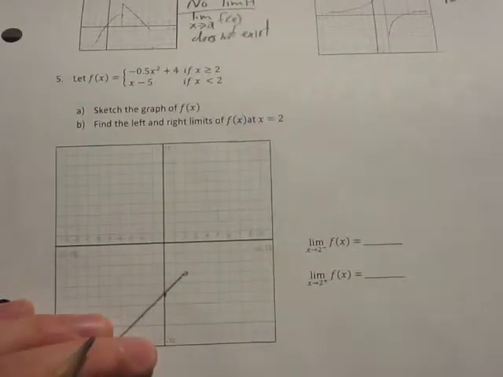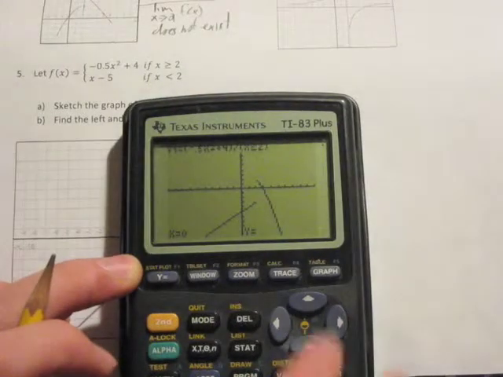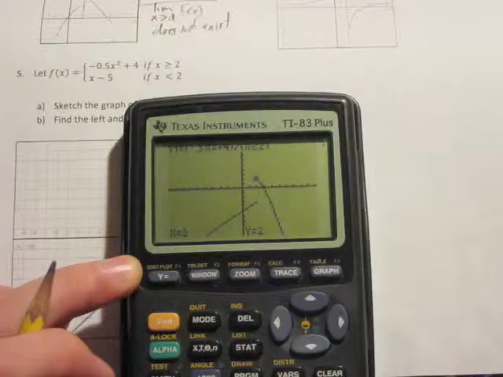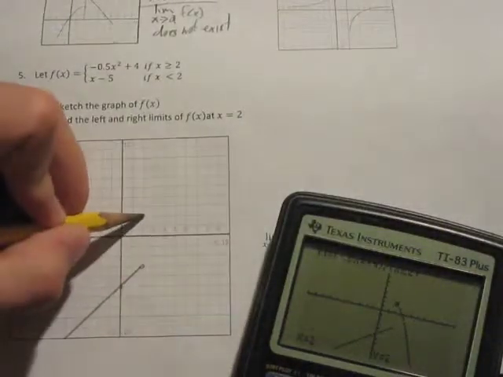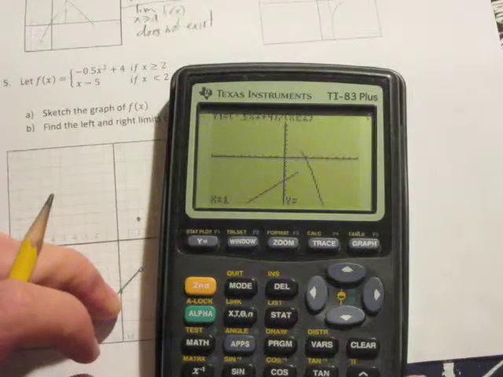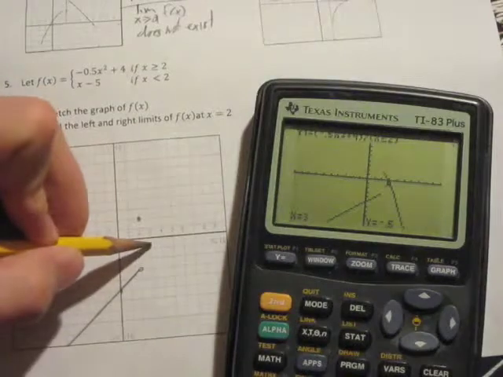The next one is a parabola, and let's trace y1 at 2, and we get 2. So we're going to start this one up here with a closed circle at 2. If we plug in 3, we get negative 0.5.